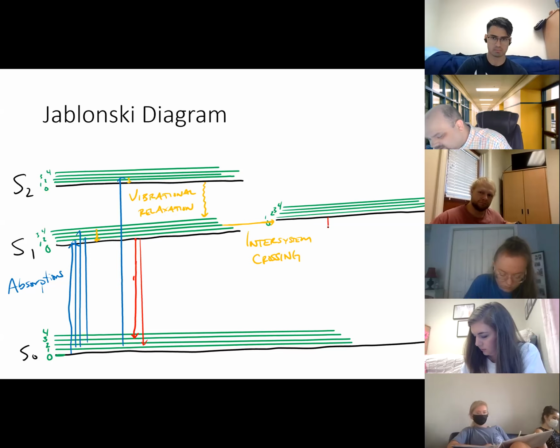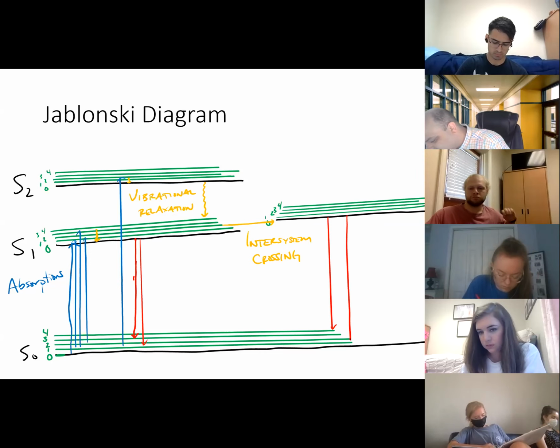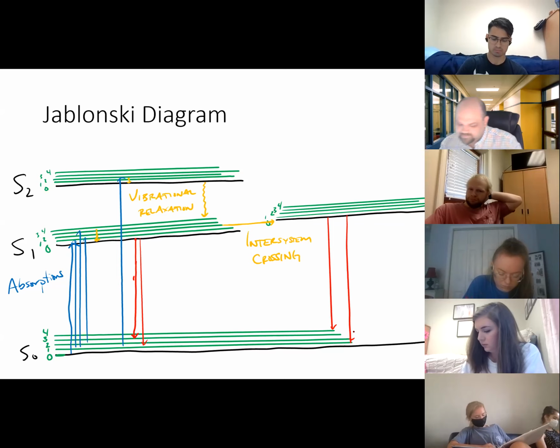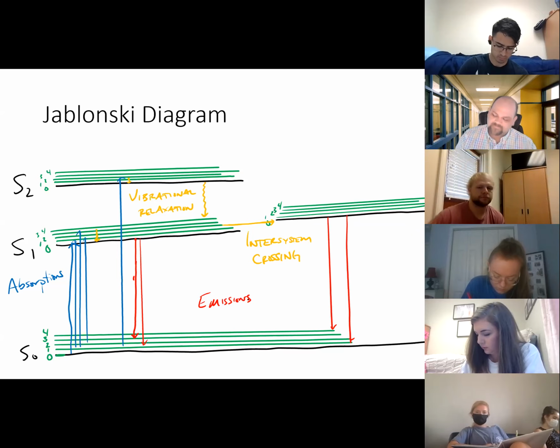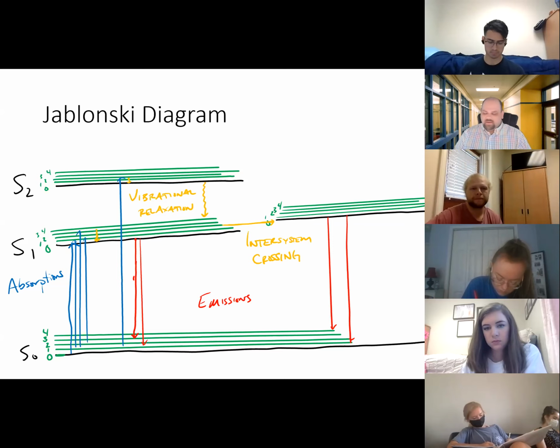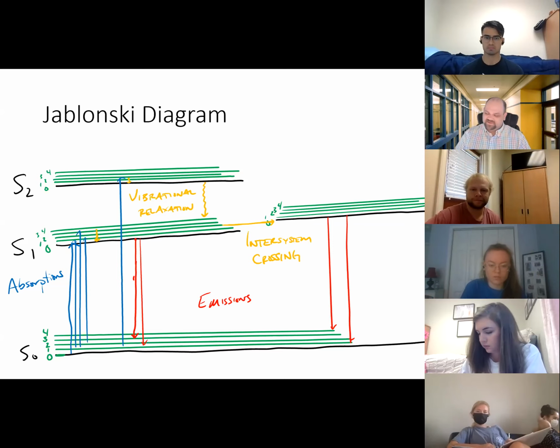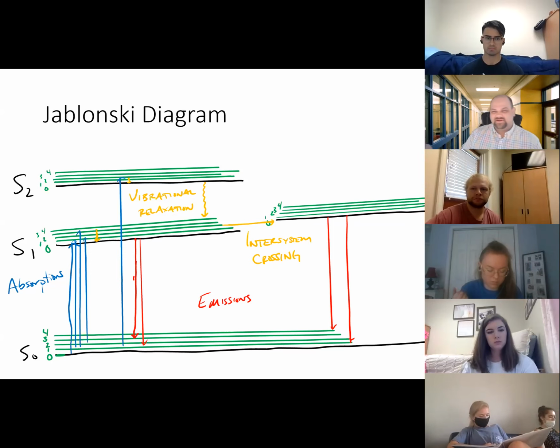Over here in the T1 to the S0, we can do this too. Okay. These emissions have different names. They're different processes because one is singlet to singlet, the other is triplet to singlet, right?